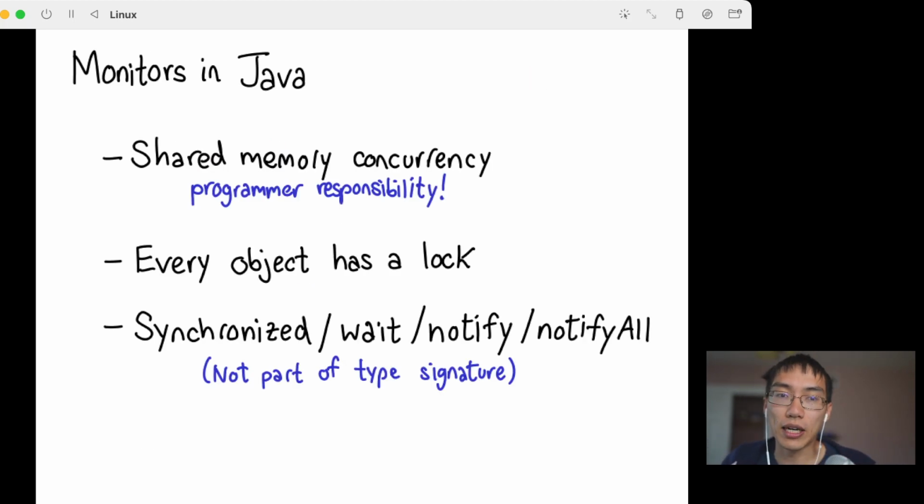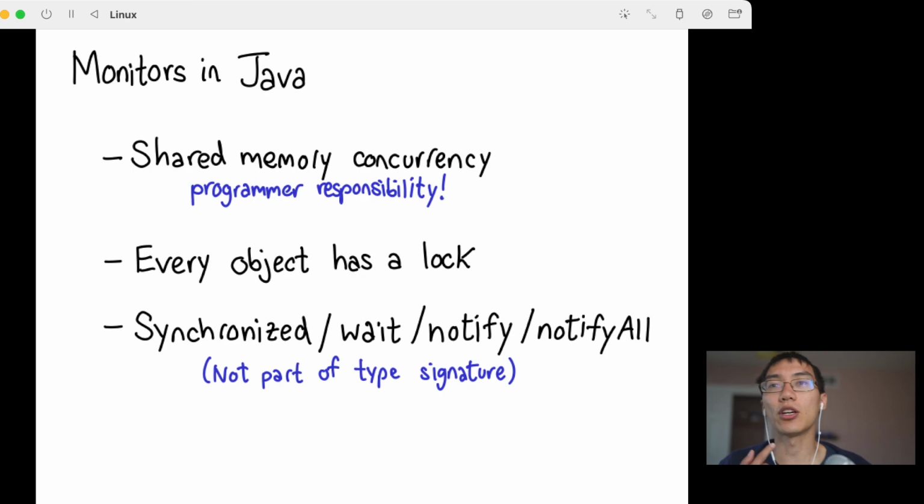So to briefly summarize monitors in Java, this is still shared memory concurrency. So there's private data, and that private data can be shared across threads. So it's your responsibility to know when an object can get shared across threads, and then you actually have to put synchronized on the methods to make sure they're actually synchronized.